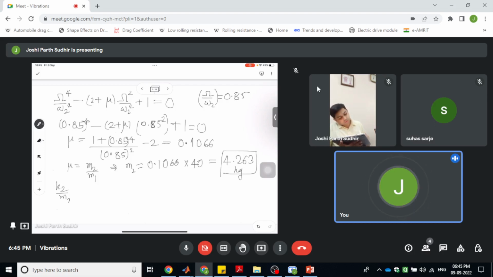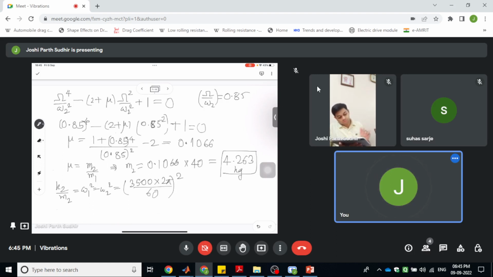by using k2 by m2 is equal to omega 1 square is equal to omega 2 square, which is 3500 rpm times 2 pi by 60, that converted into radians per second, the whole square.